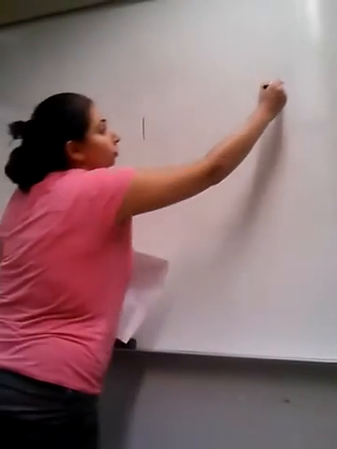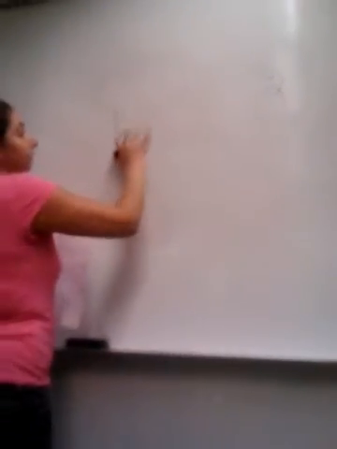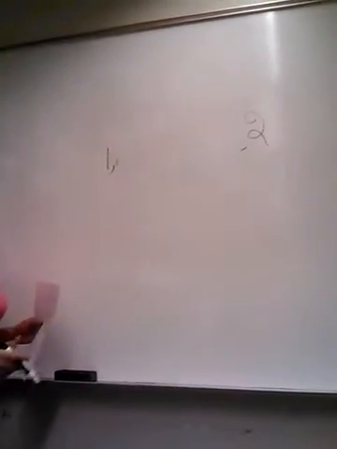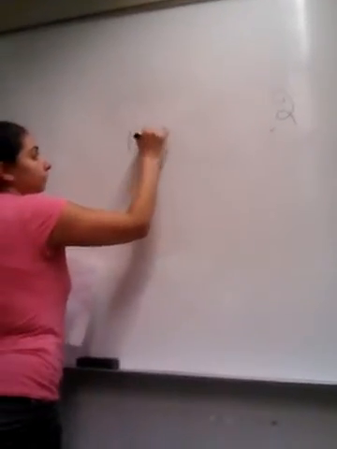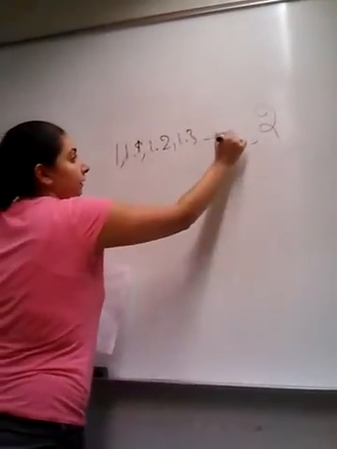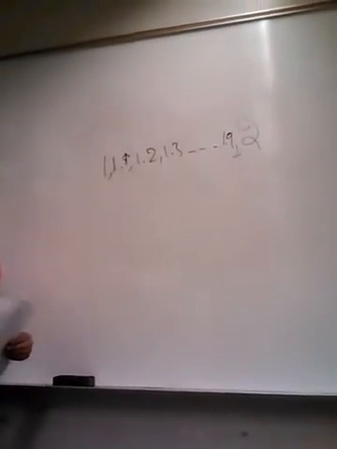So if we have two whole numbers, between those two whole numbers we have many decimal numbers. After 1 we have 1.1, 1.2, 1.3, up to 1.9, and then we get to 2.